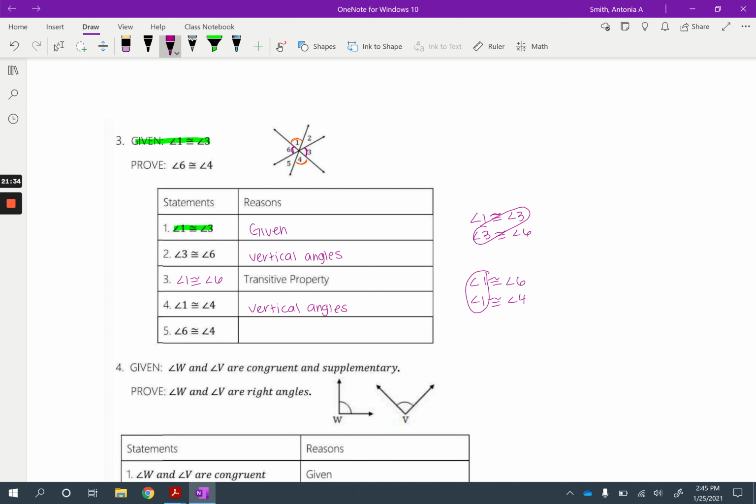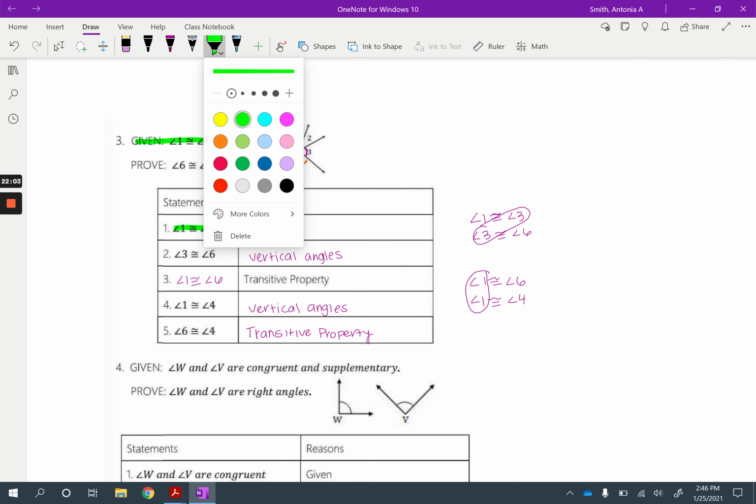So what property now is going to allow me to get rid of angle 1 and just keep angle 6 is congruent to angle 4? Well, that's the same property we used on number 3, the transitive property. The transitive property is what states that if they equal the same thing, they equal each other. So that's how I'm able to get to statement number 5, which is what it asked me to prove.